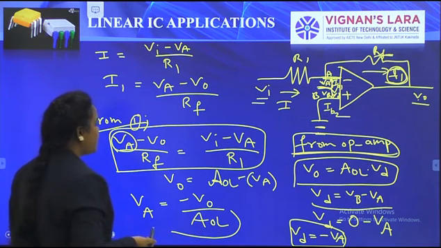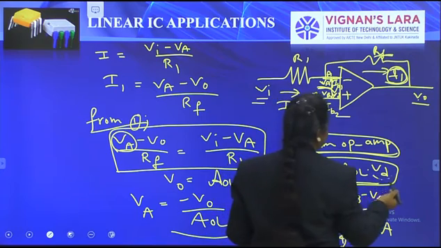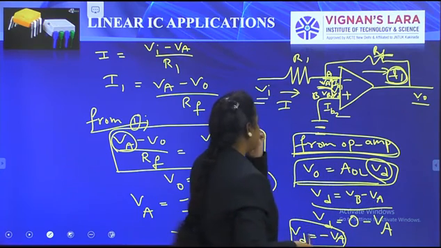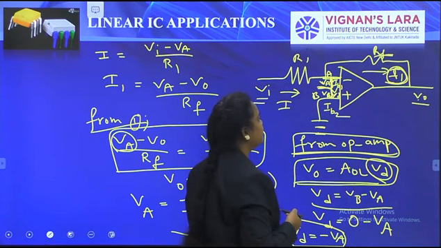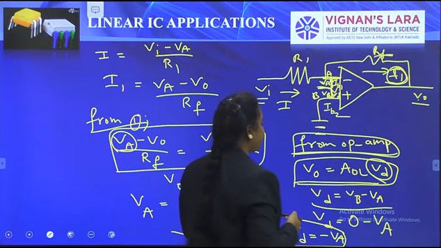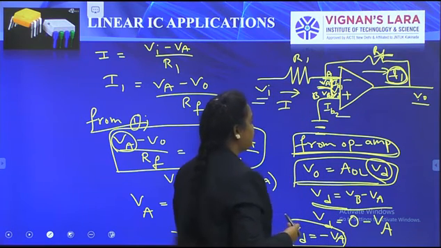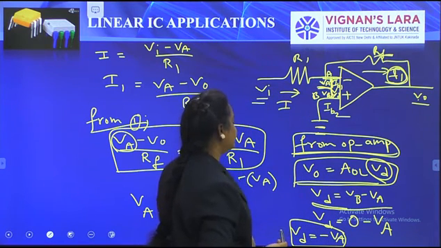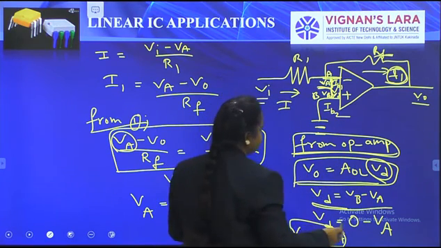From the op-amp, V0 is equal to AOL VD. VD, the difference between the non-inverting and inverting terminals, is VB minus VA. VB is 0, so VD is equal to minus VA.